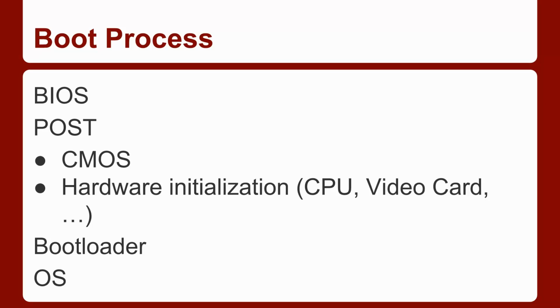Then hardware initialization, after if the CMOS is good, it initializes the CPU, the video card, etc. And then it points to the bootloader, and the bootloader provides, depending on the bootloader, the option to select your operating system that you would like to boot. Or just default chooses the one.